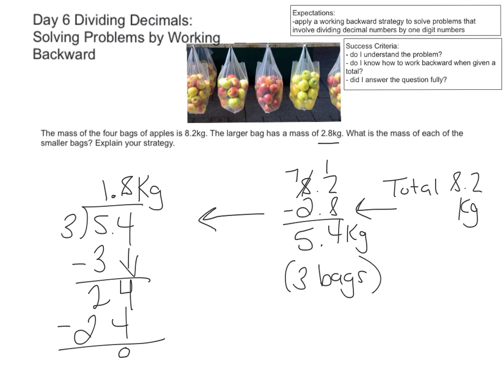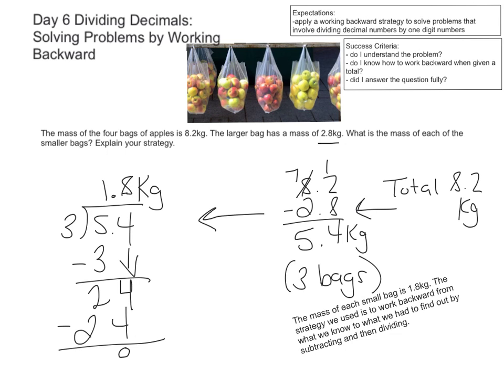So let's answer that question fully. And there we go. We answered our question fully. So the mass of each small bag is 1.8 kilograms. The strategy we used is to work backwards from what we know to what we had to find out by subtracting and then dividing. So we knew that the total mass of all the bags was 8.2 kilograms. We knew the large bag was 2.8, and our question was to find out the mass of the smaller bags.